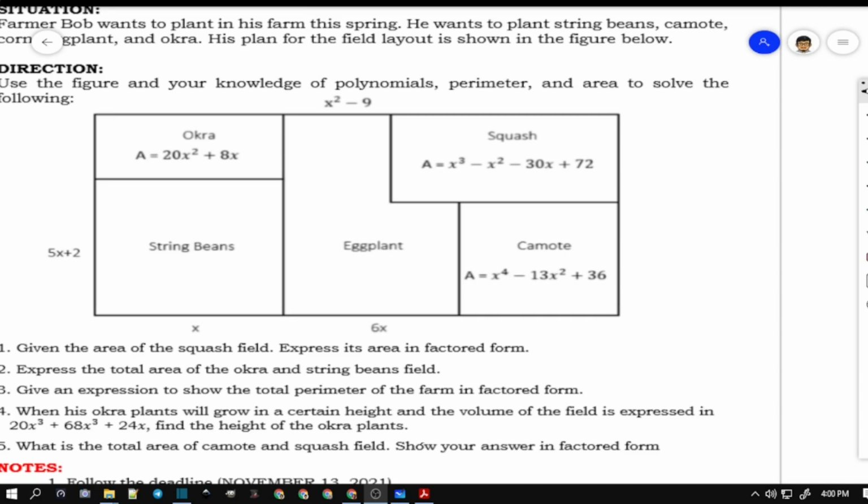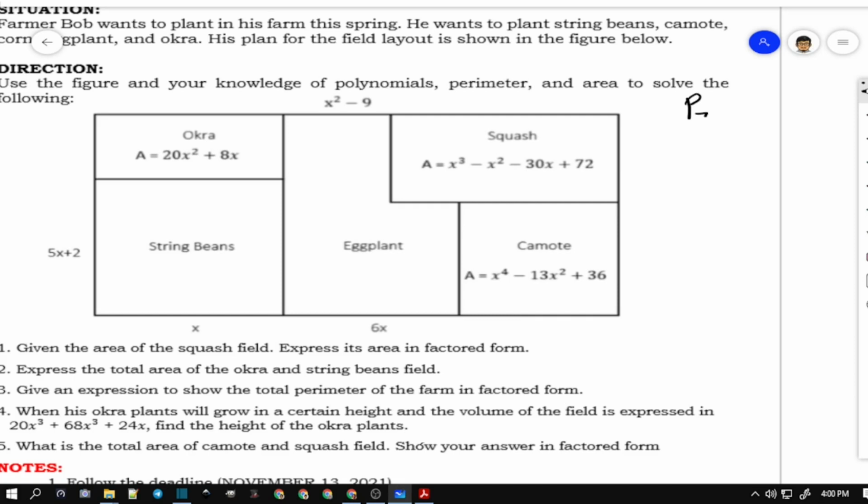Let's begin with the formula for finding the perimeter. Since the whole farm is rectangular, the perimeter of the layout of the farm is equal to twice the length plus twice the width. This expression can also be written as length plus width plus length plus width.